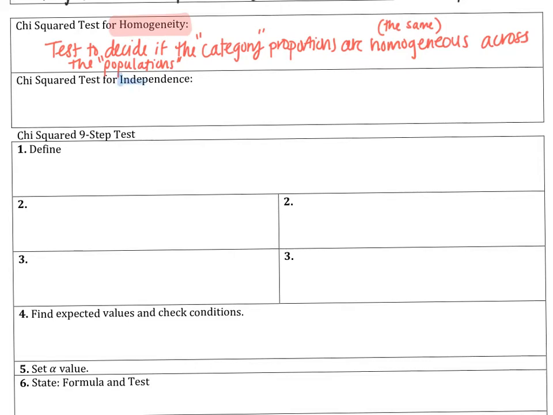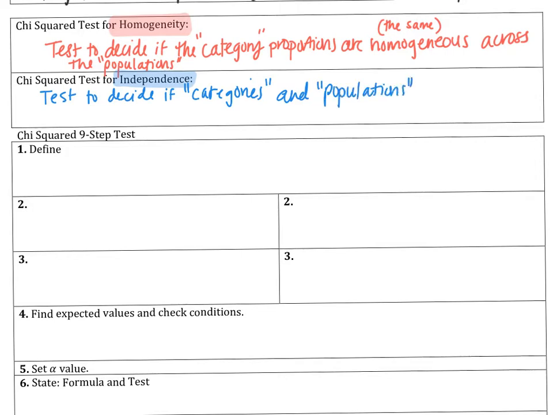And a test for independence is a test to decide if whatever categories we have and the populations are independent or not associated.